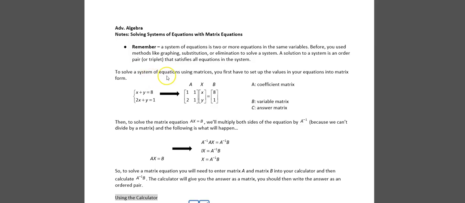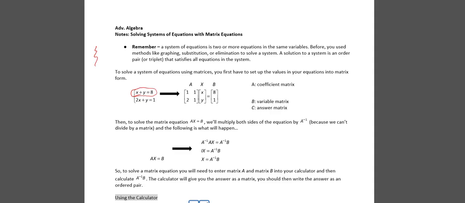To solve a system of equations using matrices, you first have to set up the values in your equations into matrix form. Notice we have these two equations right here: x plus y equals 8, and 2x plus y equals 1. You're going to write the coefficients.